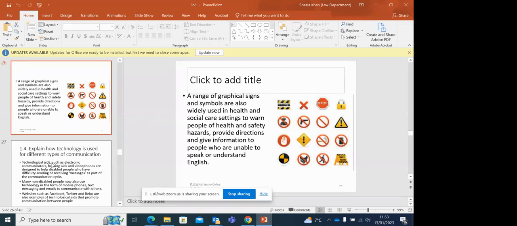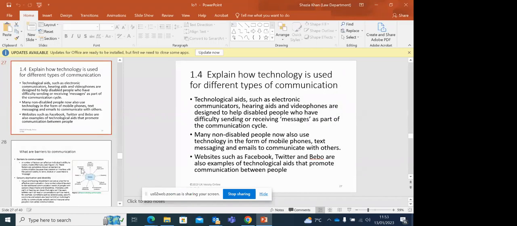So then the next one is to look at explaining how technology is used for different types of communication. Technological aids such as electronic communicators, hearing aids and video phones are designed to help people who have difficulty sending or receiving messages as part of the communication cycle.